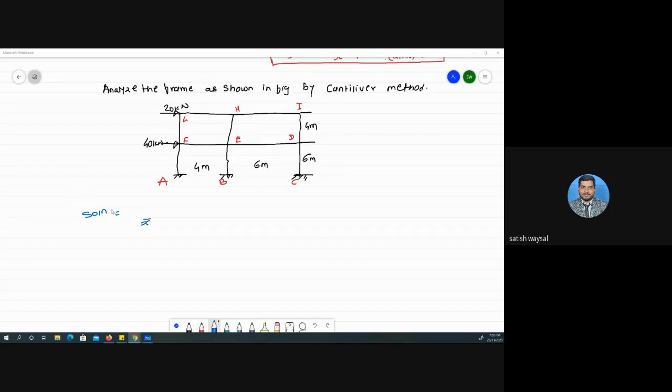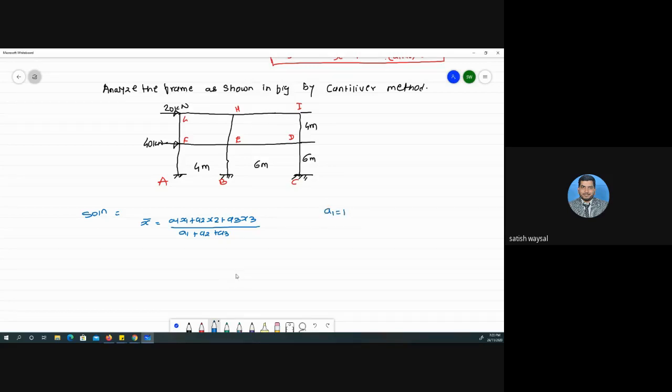According to this formula, x bar is a1 x1 plus a2 x2 plus a3 x3 divided by a1 plus a2 plus a3.